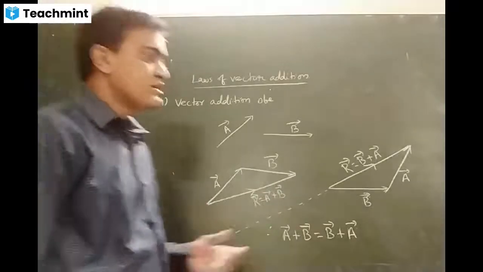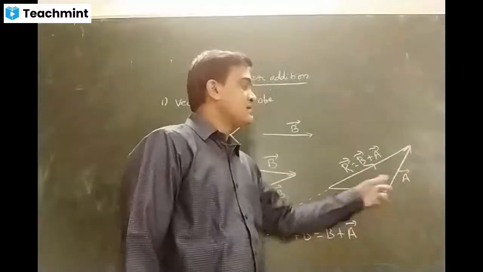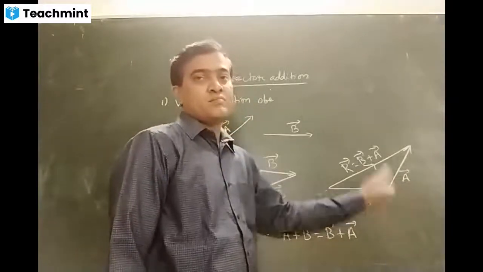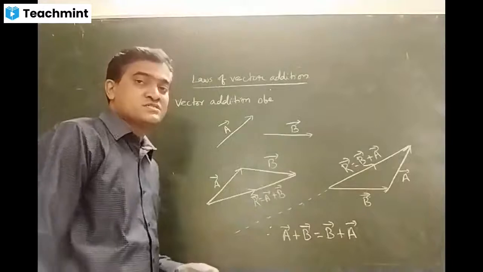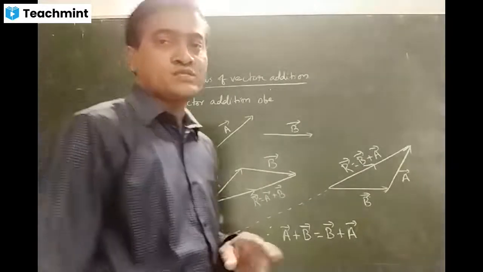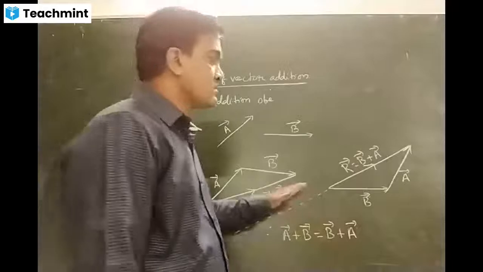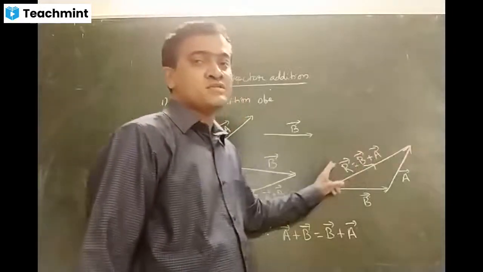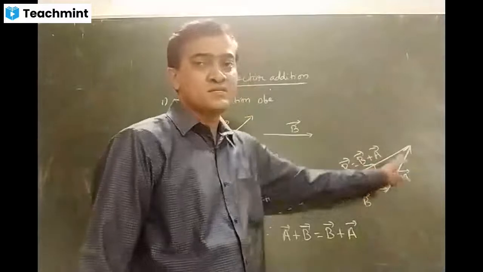In the second case, first I chose B bar as the first vector and A bar as the second vector. But how to join these two? You have to join them in such a way that the tail of the second vector coincides with the head of the first vector. Then the resultant I got is R bar equal to the first vector plus the second vector, that is B bar plus A bar.